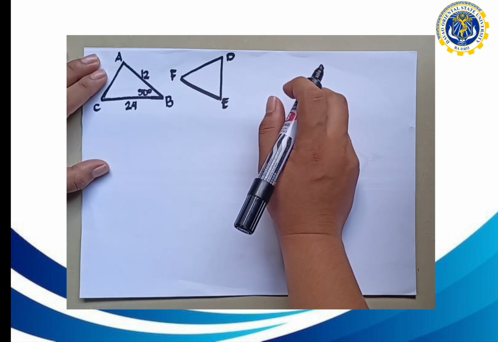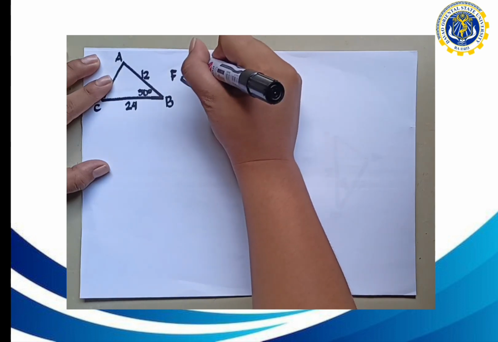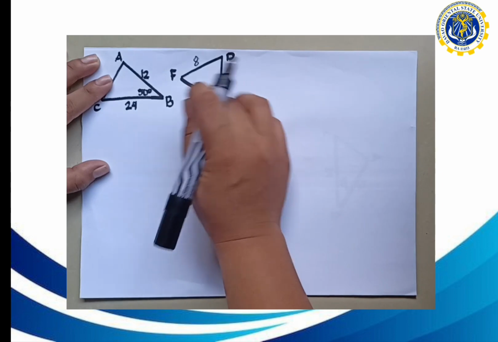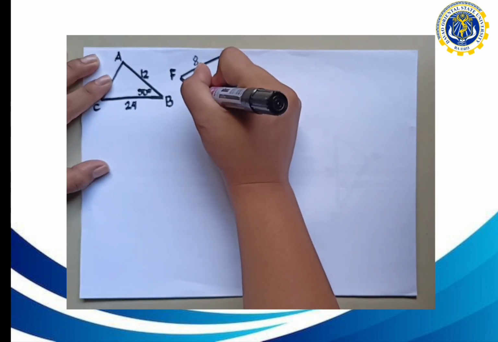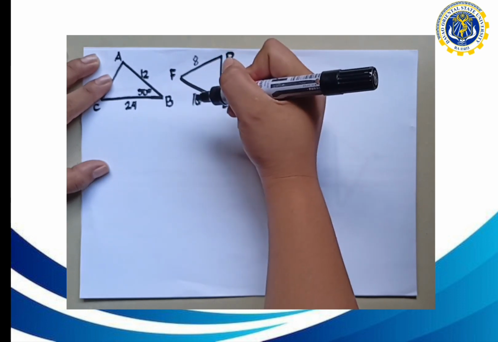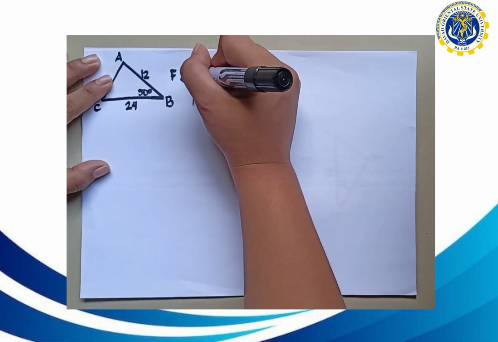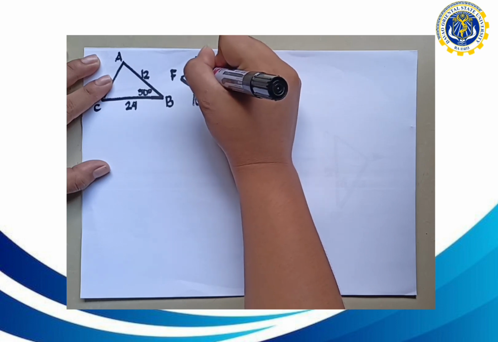The angle F and D side is 8, the E and F side is 16, and for the angle F we have 50 degrees.